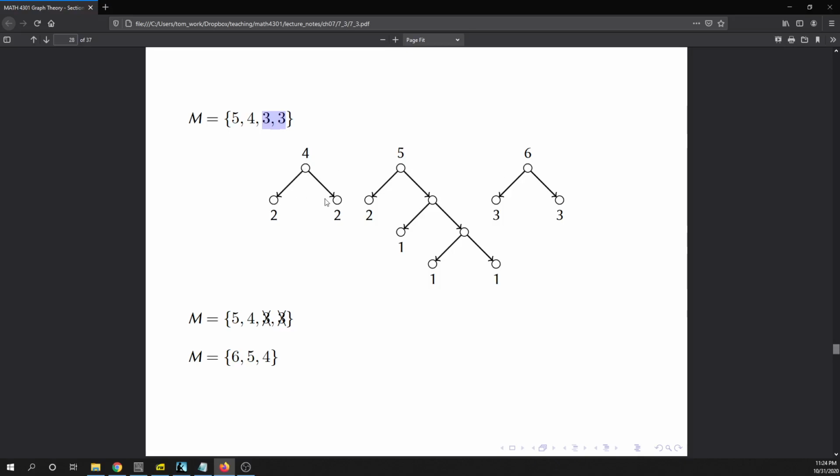There's no leaves that have a 4, a 5, or a 6 anywhere in this. So there's no merging that can be done. All right, so next up, cross out the 2 smallest 3s and put back in the sum, right? The label of the upper vertex in there. So now that's what my multi-set is looking like, which is really just a set now, right?